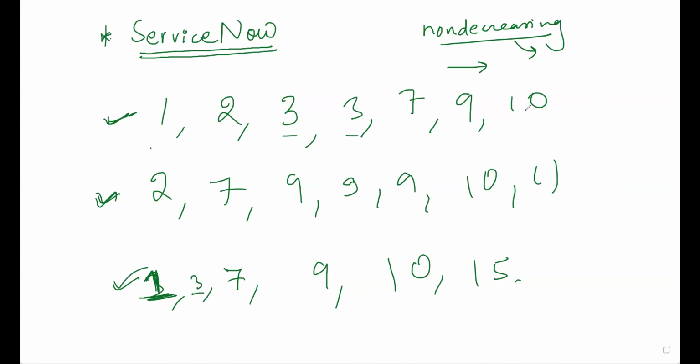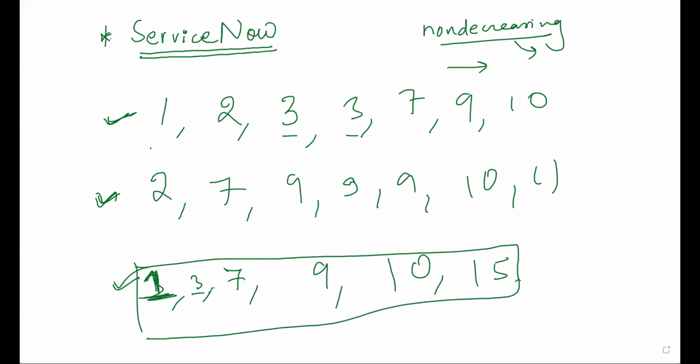I hope you understand. So the first approach is wrong: merging all 3, finding counts, and printing whatever has count 3 is wrong.